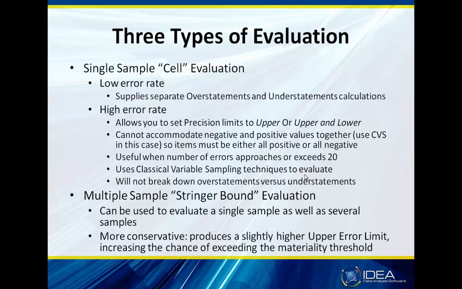It produces a slightly higher upper error limit and increases the chance that you'll exceed the materiality threshold. So if you want to employ a more conservative approach, especially if you got really close to the threshold with cell evaluation, you may want to rerun with the stringer bound evaluation with multiple samples to see if you by chance breach the threshold with the upper error limit calculated with that technique.